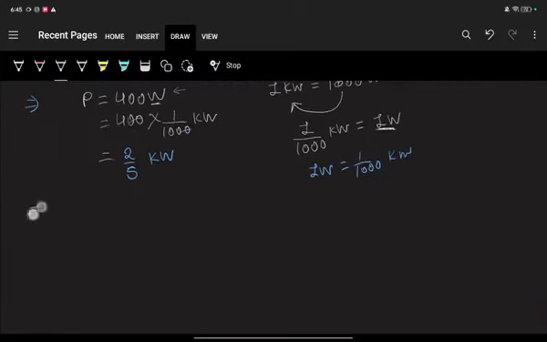So power is 2 by 5 kilowatt. Okay. So it is running 8 hours per day, right?